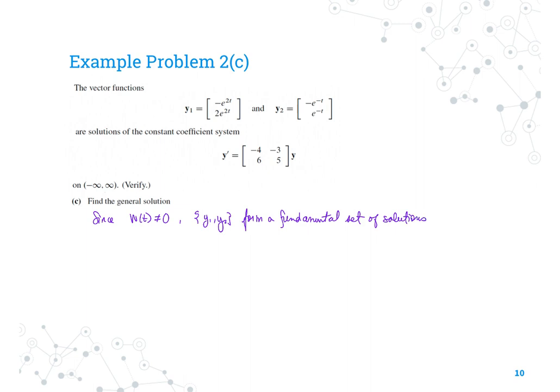So we know y equals c1 y1 plus c2 y2, or y equals c1 times negative 1, 2 e to the 2t plus c2 times negative 1, 1 e to the negative t, and there's our general solution.